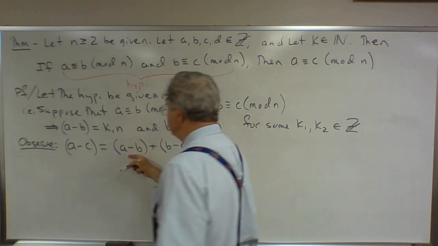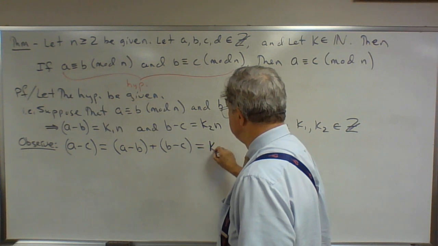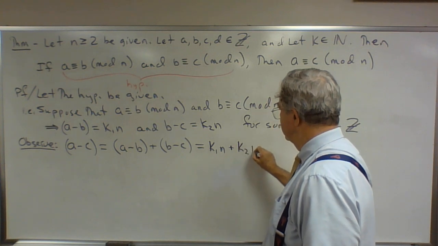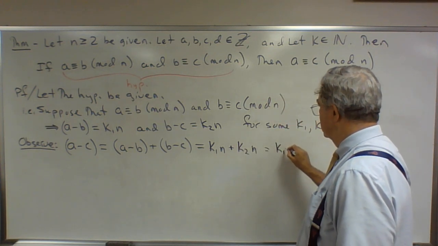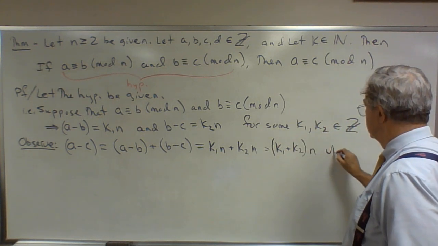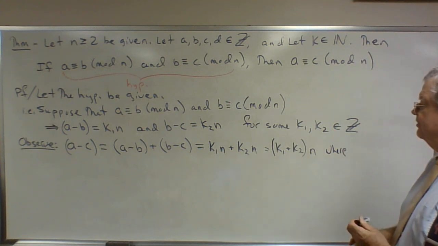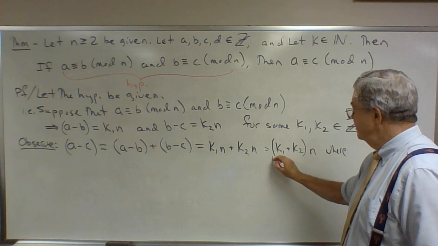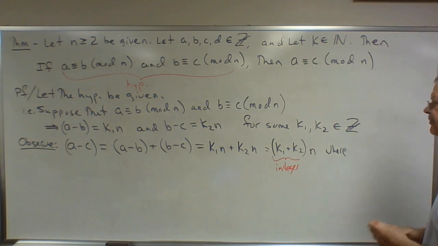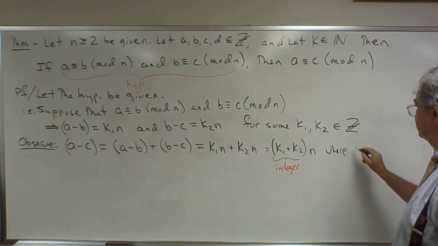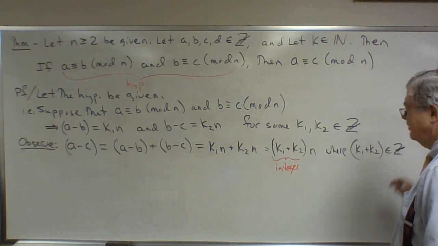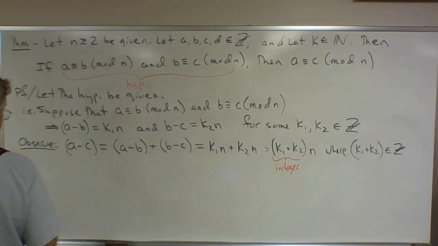But A minus B is K1n, and B minus C is K2n. K1 is an integer, K2 is an integer, so K1 plus K2 is an integer. So we'll just recap our result here.